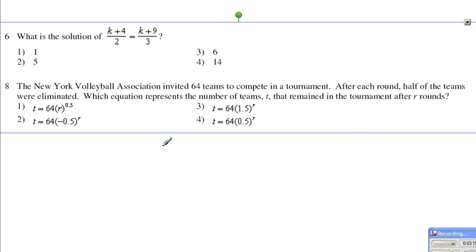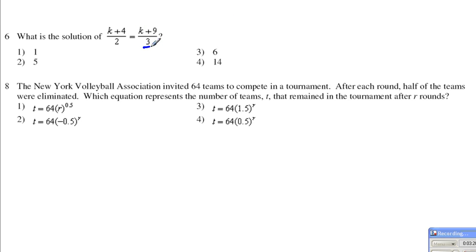All right. Now here, number 6, what we can do is cross multiply. Make sure this 3 has to multiply not only k, but also 4. So here we have 3 times k plus 4 equals 2 times k plus 9. Notice I put the parentheses. That's very important.